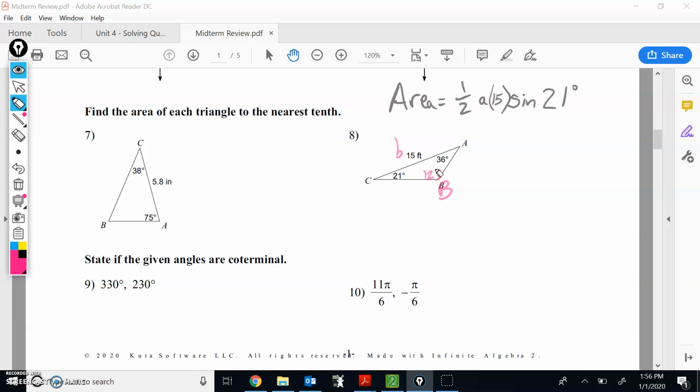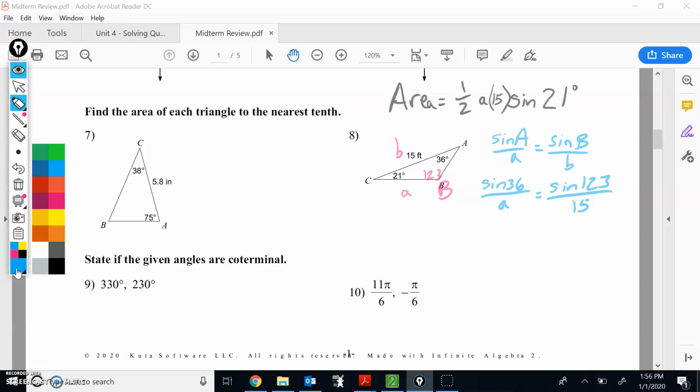And I think law of sine, when you can use it, is a lot easier than law of cosine. So let's find A by doing a law of sine. Sine A over A equals sine, and we're using B to relate it with. Sine A is sine 36 divided by little a, which we don't know, but we know sine of big B, and we know little b is 15.